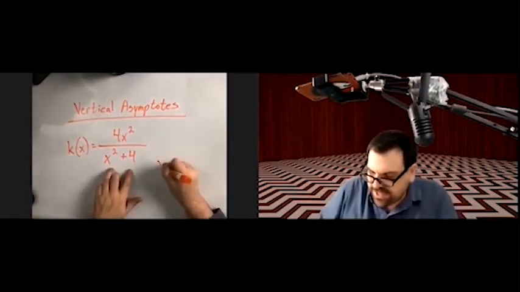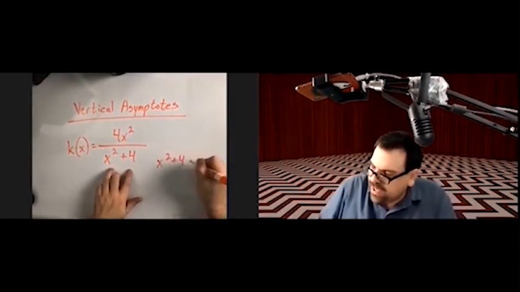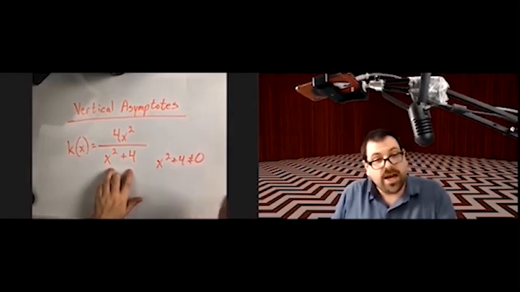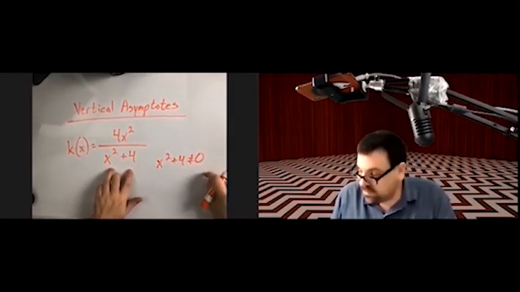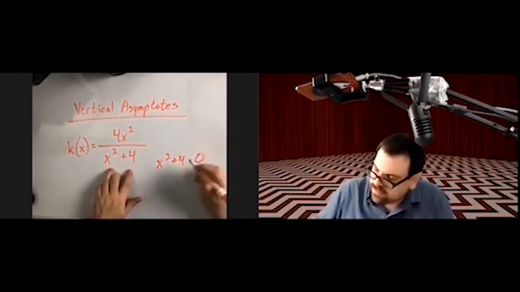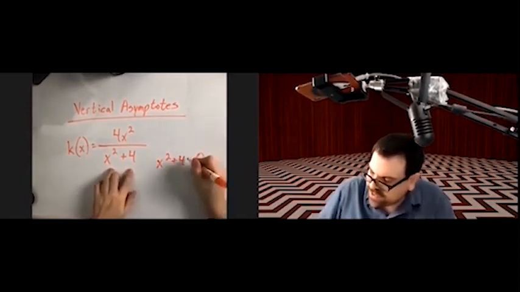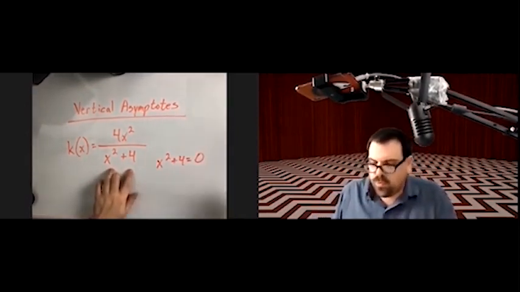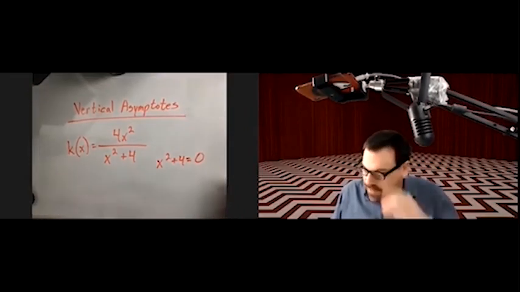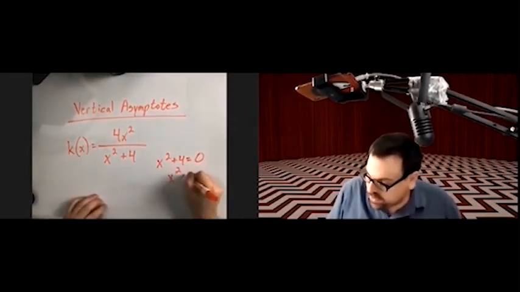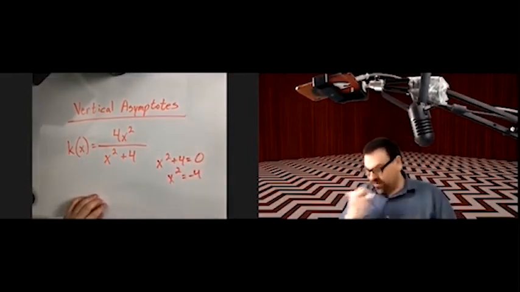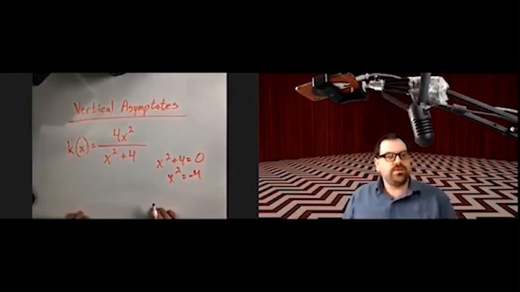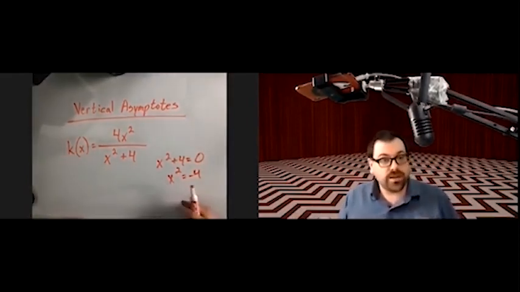In fact, if we take the bottom and set it equal to 0, it'll be easier to show you what's happening if I say equals. What are the values of x that make this true? Well, x squared equals -4. We can't take the square root of a negative number in the real numbers.